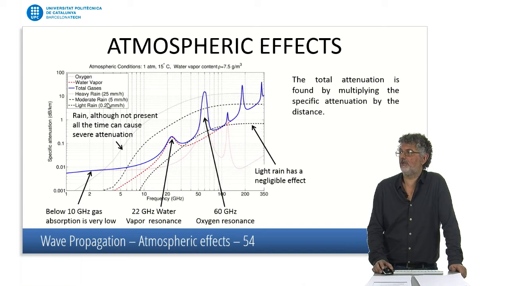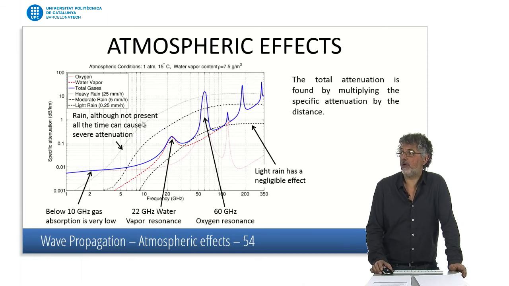But this is not the case for moderate rain, which, especially at certain frequencies, has a higher contribution than the gas contribution. And of course, when we have heavier rain, the attenuation can be much higher.